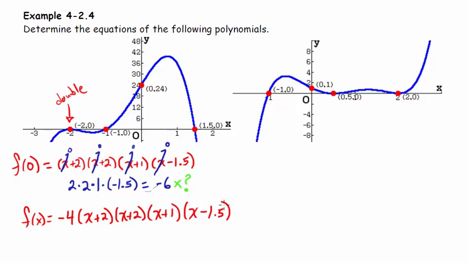Alright, let's see if this one would work. f of 0 would give me -4 times 2 times 2 times 1 times -1.5. Would that give me the y-intercept we were hoping for? -1.5 times 2 is -3, times 2 is -6, times -6... times -4 gives me 24. Yes, that's what I was looking for. Alright, so this is one possible equation.